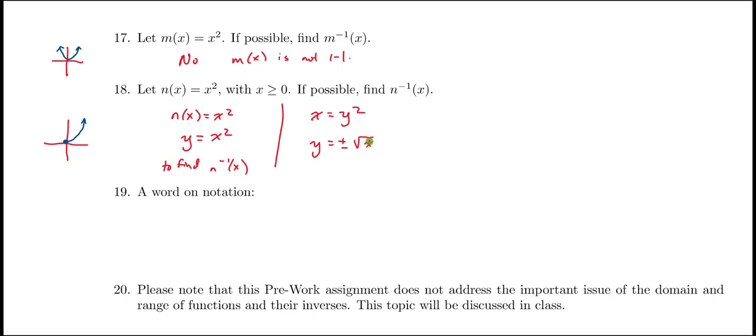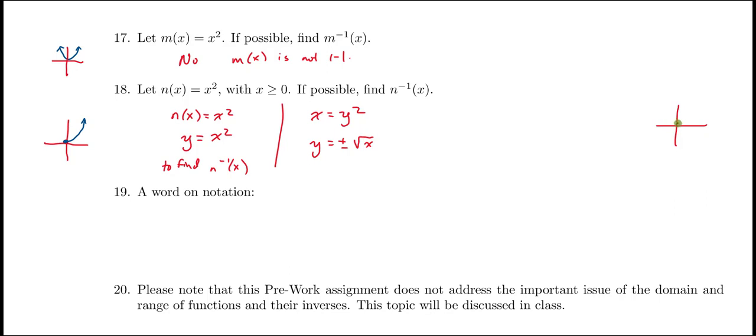And here we can see the problem, and this is why the original function is not invertible, because in either case I would have done this sequence of steps and I would arrive here. Hopefully you see that this expression right here is not a function. Okay? If you were to go look at the graph of what I've just spelled out for you, we've got a plus or minus.